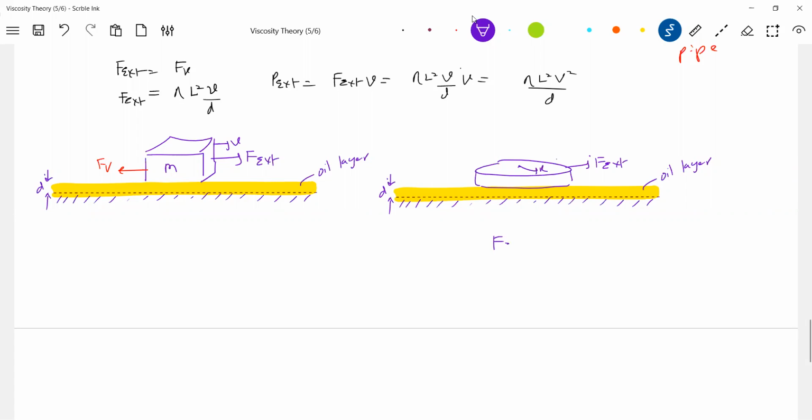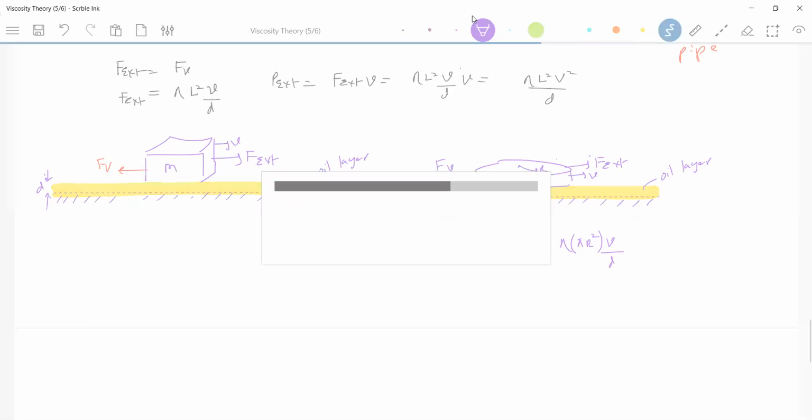Then F external equals eta, area is pi r square, velocity is V, viscous drag will act like this, divided by D. Able to understand? The area of contact. Very easy formula, sir. You need not bother about anything very big here. Able to understand this one?